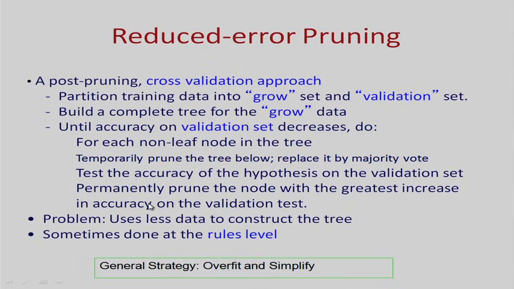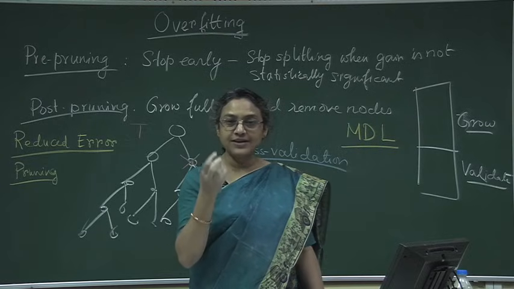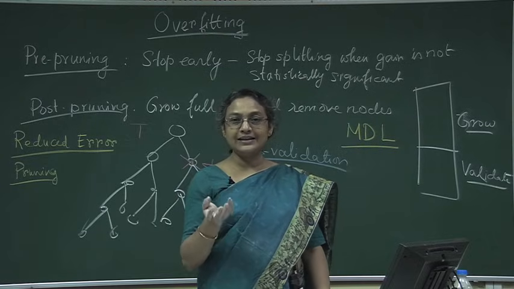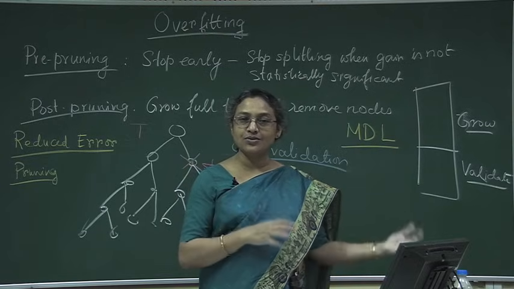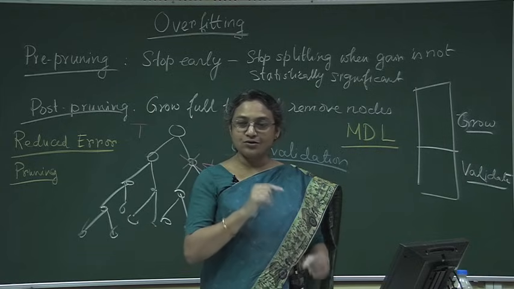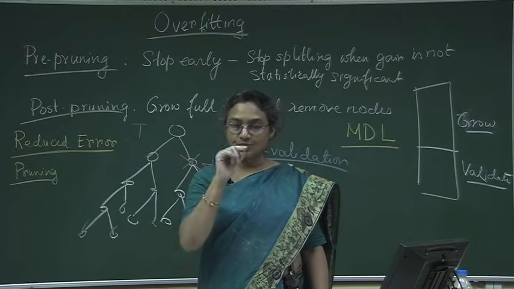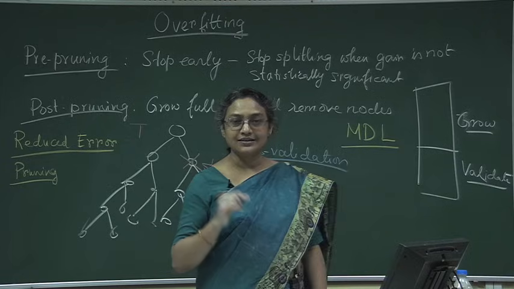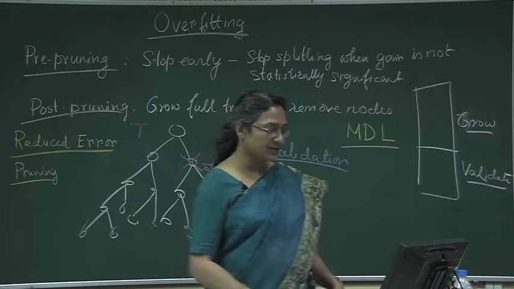So, you find out if the resulting error is smaller than the original tree. And now you do it for every node, and you prune that subtree for which this error is lowest.